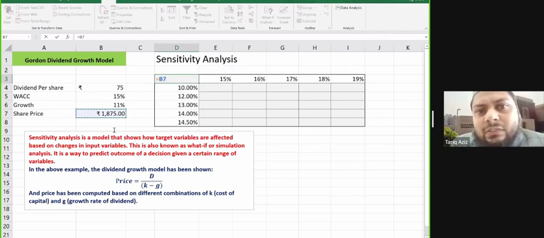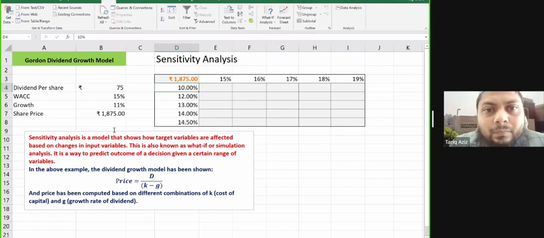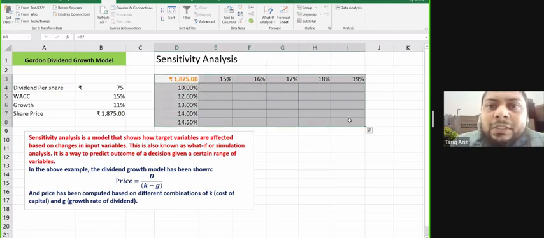I have selected the cell B7 and I will press enter. It will automatically copy the value of B7 into D3. After this, I will select this whole table.